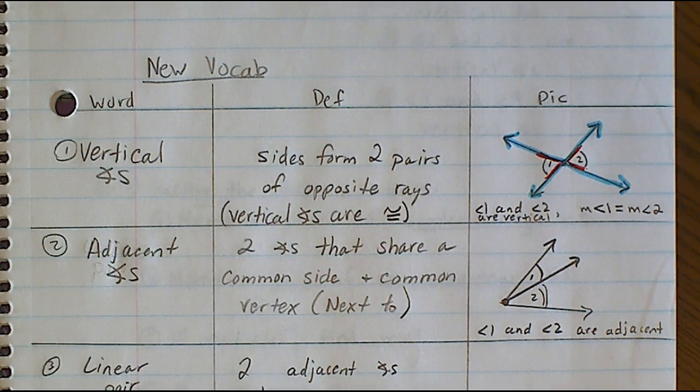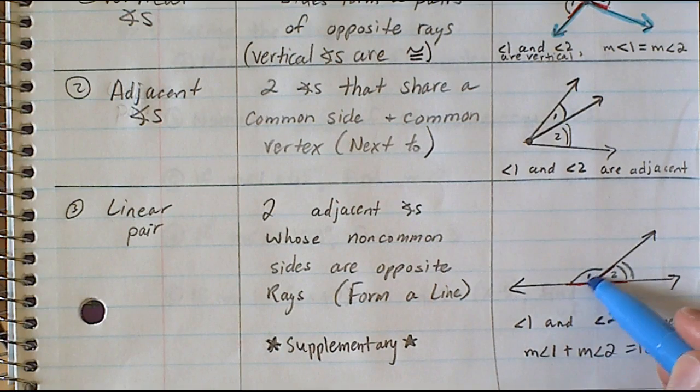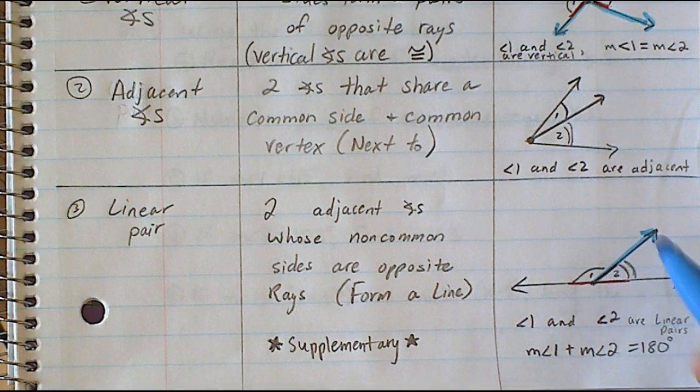A linear pair, this is going to look familiar to some of you because we've learned the word supplementary. A linear pair is two angles who are adjacent and whose non-common sides are opposite rays. So whenever you're dealing with a linear pair, you want to find the common side. That would be this side here. That's how we know that they're adjacent, because they share that common side.